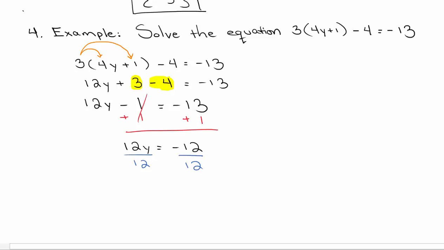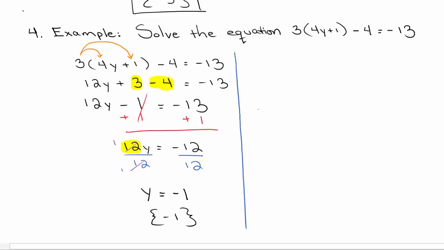I'm dividing by 12 because of the 12 that's in front of the variable. 12 divides into 12 one time. So we're just going to be left here with 1y is equal to negative 12 divided by 12, which is negative 1. So it looks like my solution is going to be negative 1, but to be on the safe side, we need to check our answer.